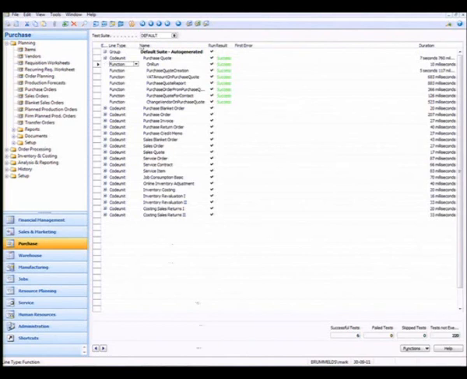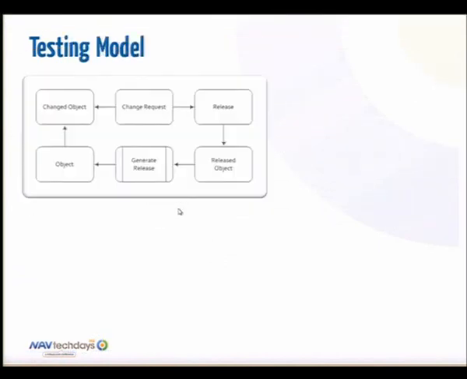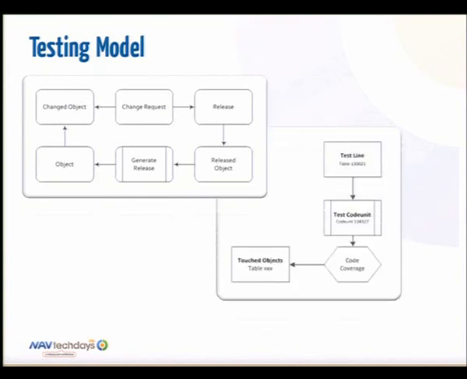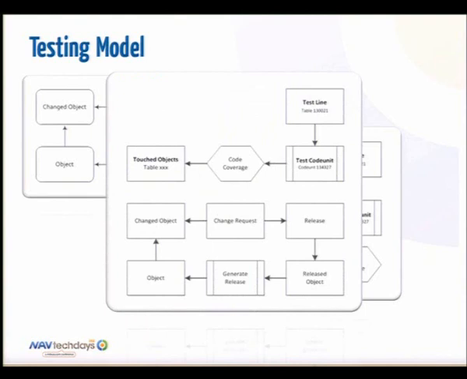So if you combine that knowledge and say, this is my task model with my changed objects, and this is my testing model where I know what tests are going to test what object, you can combine them and say, well, if I change this object, I need to run these test features. And that gives you, as a developer, a chance to very easily start some testing while doing development.